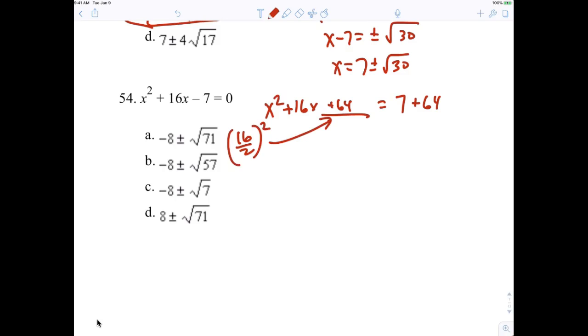Now, how do you factor x squared plus 16x plus 64? Right. So x plus 8 squared is equal to 71. So now x plus 8 equals plus or minus the square root of 71. And so x is equal to negative 8 plus or minus square root of 71.